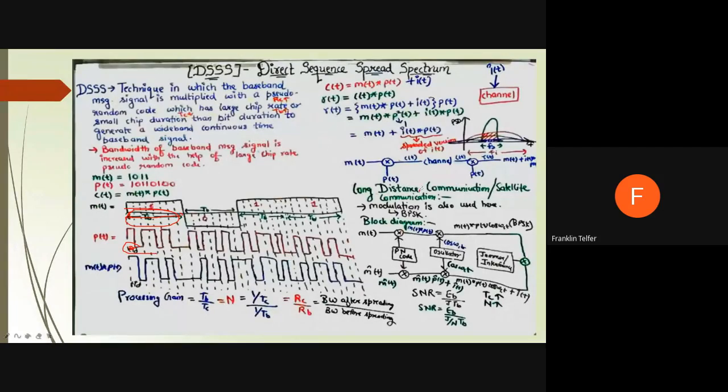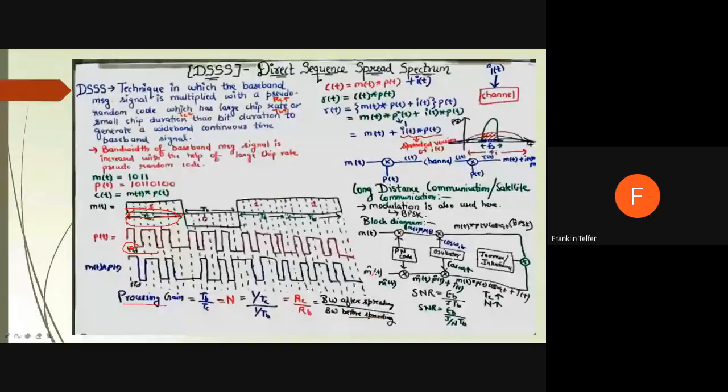So here the processing gain is taken as the ratio of TB by TC, which is equal to N. When you calculate it, it is the ratio of bit duration and chip duration, that is RC by RB, between after spreading and before spreading.